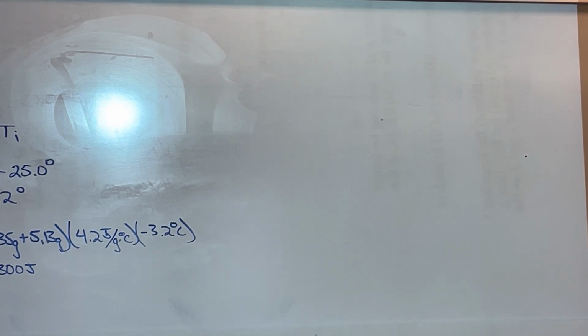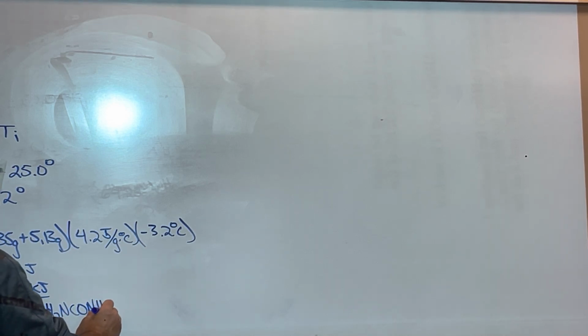C2, we need kilojoules per mole. Okay, so I know that it's going to equal 1.3 kilojoules per how much? 5.13 grams of what's the compound? Urea, which, tell me the formula. H2NCONH2. Okay?